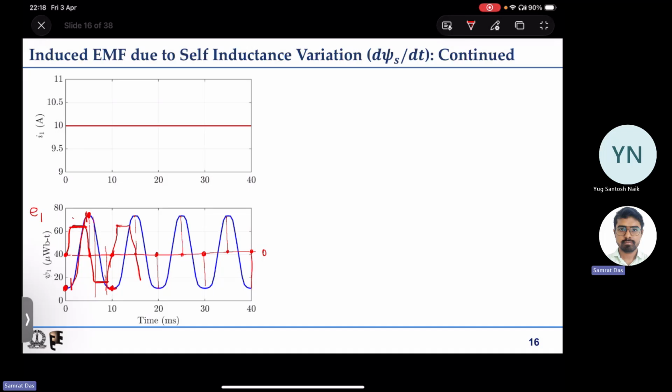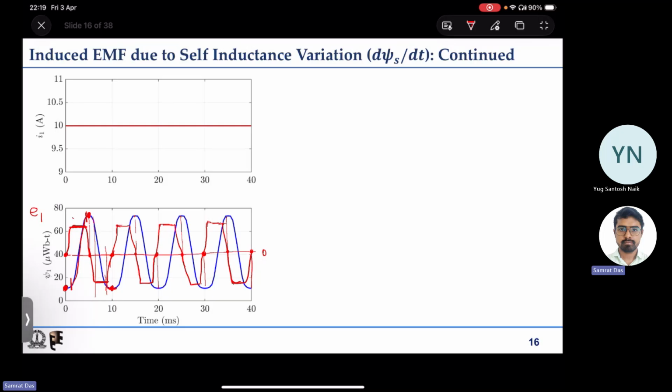So this is the induced EMF. If I try to plot it, this is going to be the induced EMF. Right? You understand what I am trying to do. So we'll have induced EMF like this.